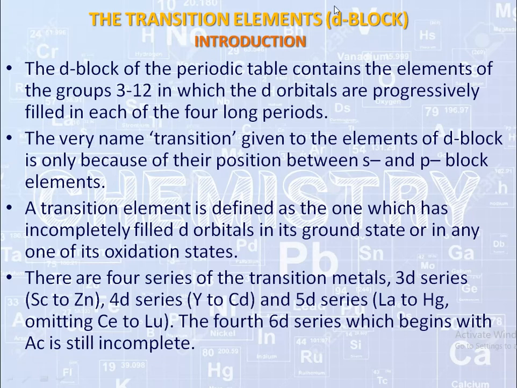Here we can see that the 3d series is starting from scandium to zinc, the 4d series is yttrium to cadmium, the 5d series consists of lanthanum to mercury, omitting the lanthanoid series. Now the fourth, 6d series, begins with actinium and is still incomplete.